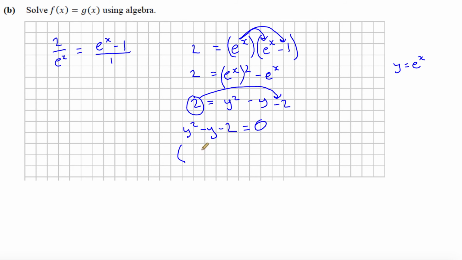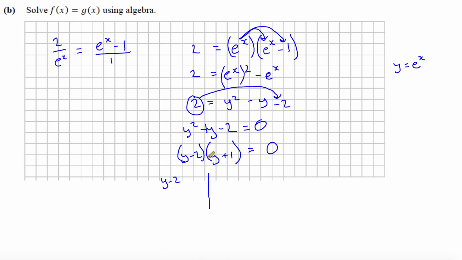So now I'm going to factorize the left side. So the factors of minus 2, which when added or subtracted give me negative 1. Minus y is the same as minus 1y. So I'd have y here, y here. Factors of minus 2 would be minus 2 and positive 1, because minus 2 by positive 1 is minus 2, and minus 2 plus 1 is minus 1. So then I can split screen.